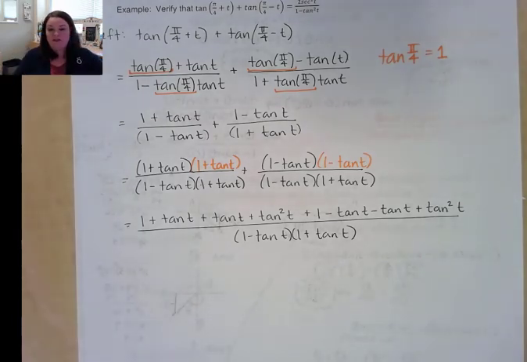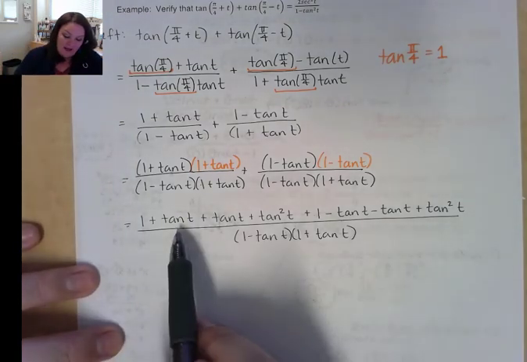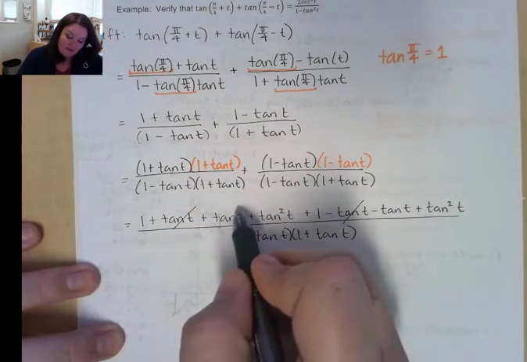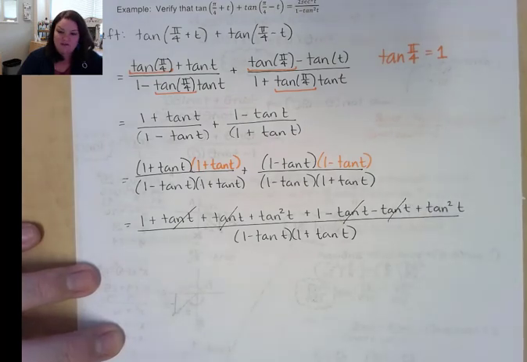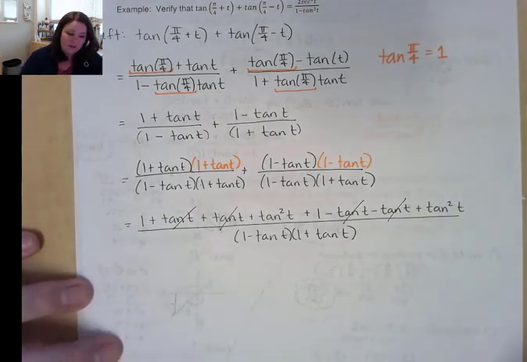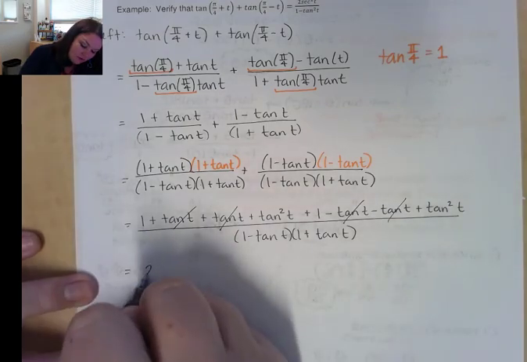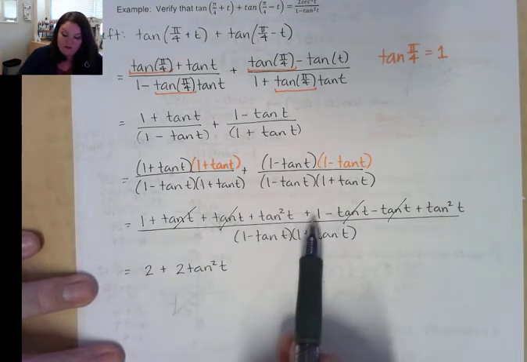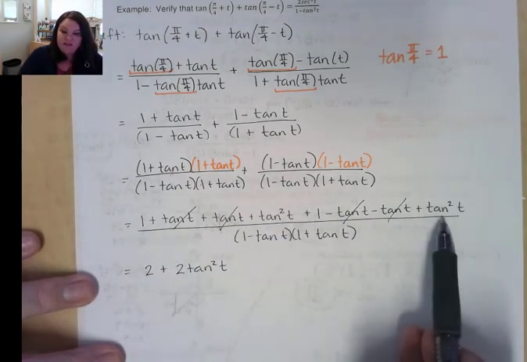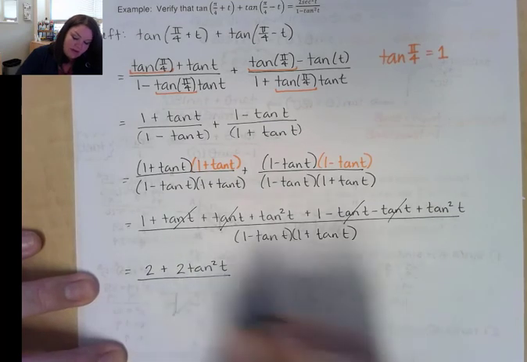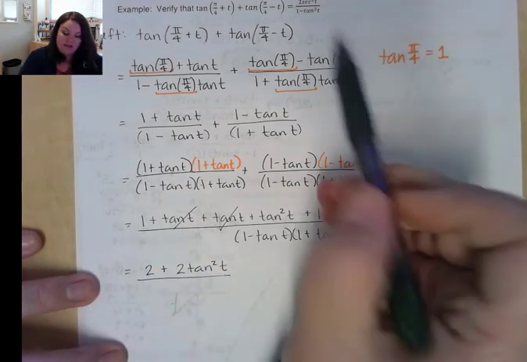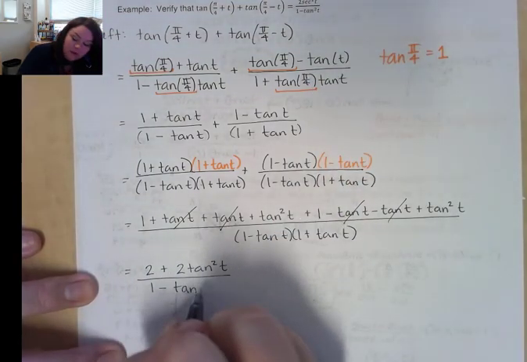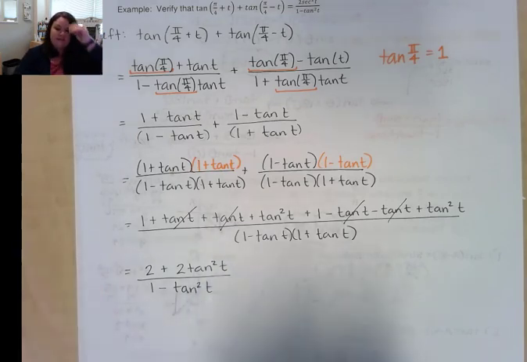So lots of stuff I can do now. So notice what happens: I have a tangent t and a negative tangent t. I have another tangent t and another negative tangent t. So what I'm left with is 2 plus 2 tangent squared t, because I have a 1 and a 1, and then I have a tangent squared t and a tangent squared t, all over. Now this, I know if I multiply out, I'll get that difference of squares polynomial, which is 1 minus, excuse me, tangent squared t.